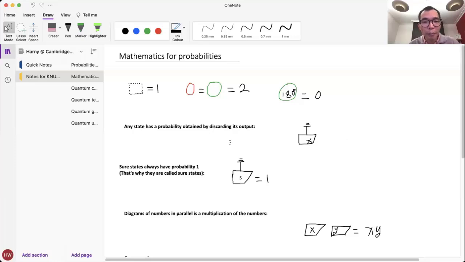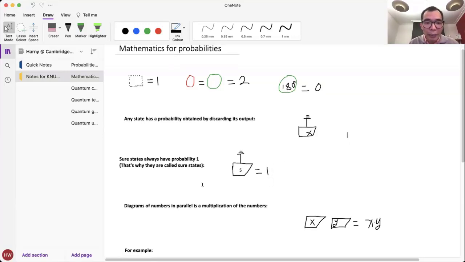And also, any state X, if we discard its output, then as we said, there's no input and no output, so we get a number. Actually, this number is the probability of obtaining this state.